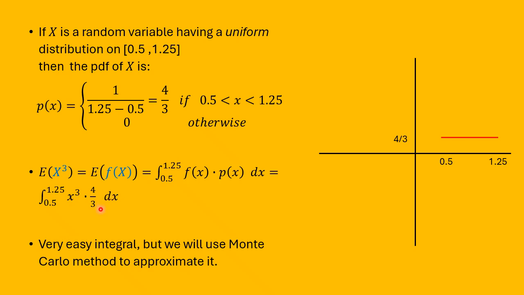And this is an easy integral to evaluate, say from the first few weeks in integral calculus. But our goal is to use the Monte Carlo method to approximate this integral. And then we can compare the estimation that we get with the exact value of this integral, which can be evaluated using Calculus 1 techniques.